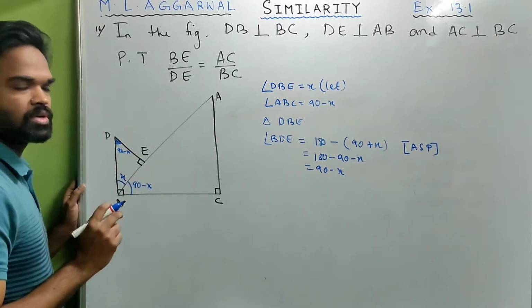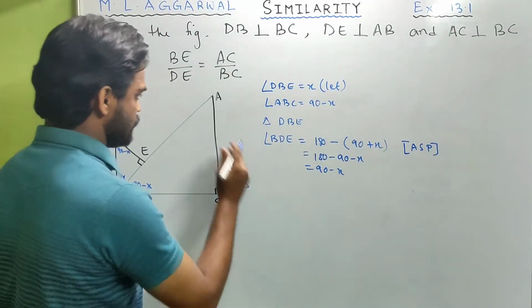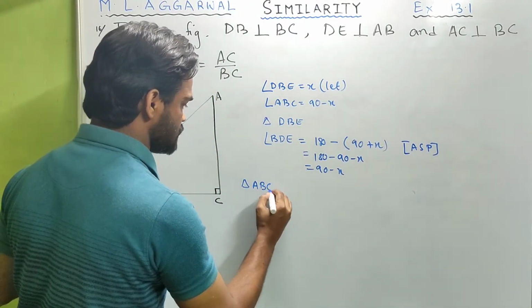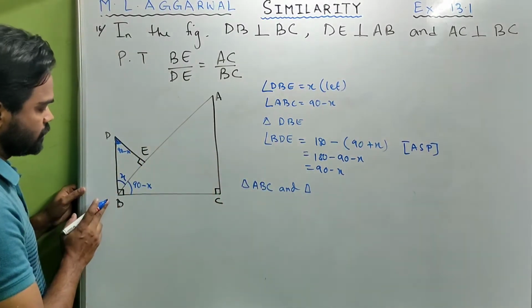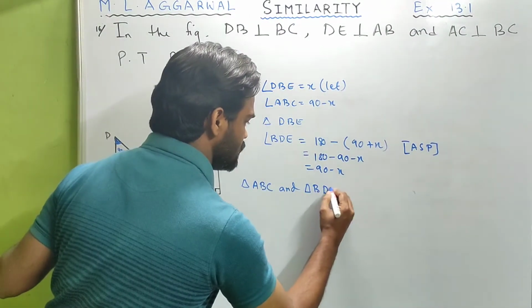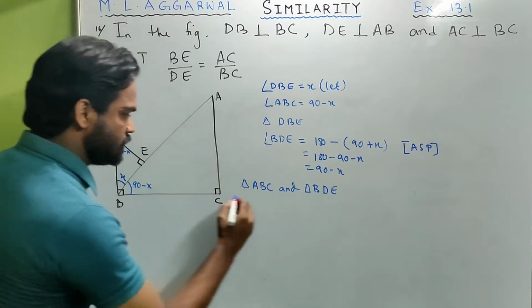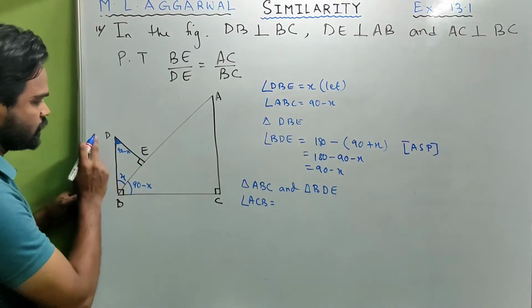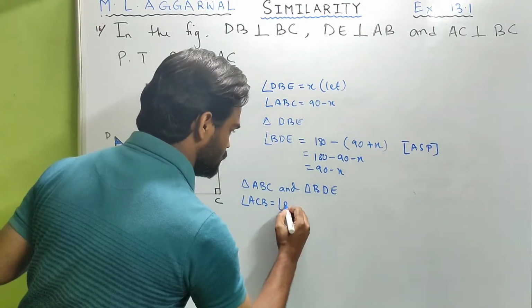Now look at these two triangles, okay? Look, in triangle ABC and triangle BDE. Just look carefully. Angle ACB is equal to angle DEB, or BED, whatever.